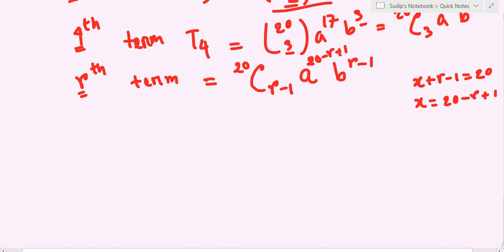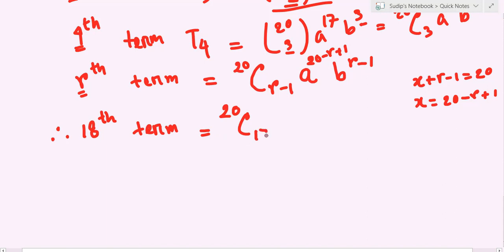So now from this we can say, therefore, the 11th term or 12th term or 18th term, whatever term we need, the 18th term is what? 20 C r minus 1, that is 17, B to the power 17 and A to the power 17 plus 3, equal to 20.